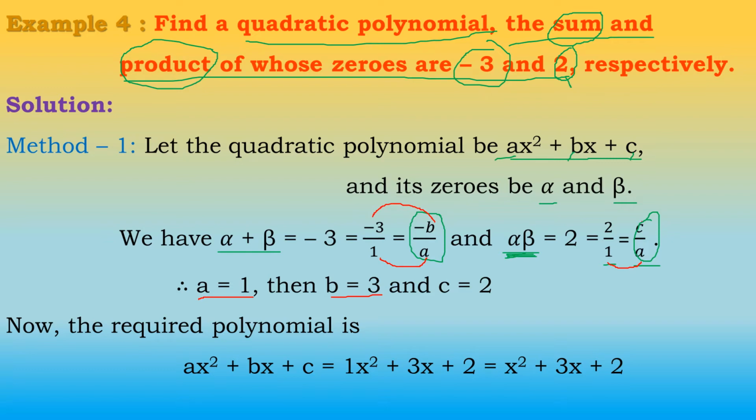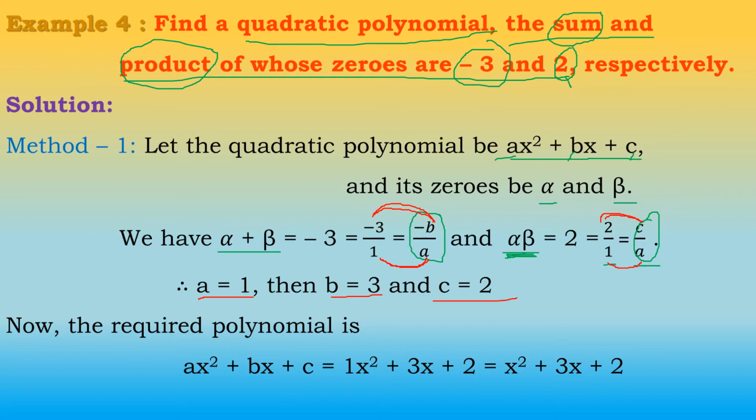Next, by comparison, the value of c is 2. So by comparison of these values, we are getting the value of a is equal to 1, the value of b is equal to 3, and the value of c is equal to 2.